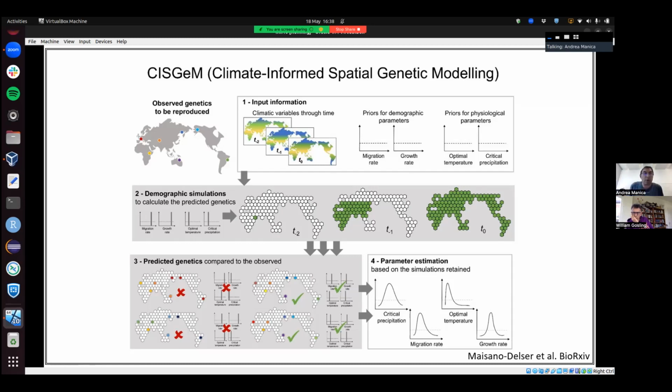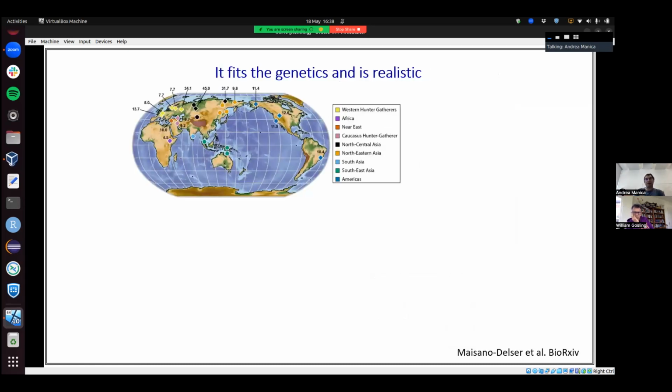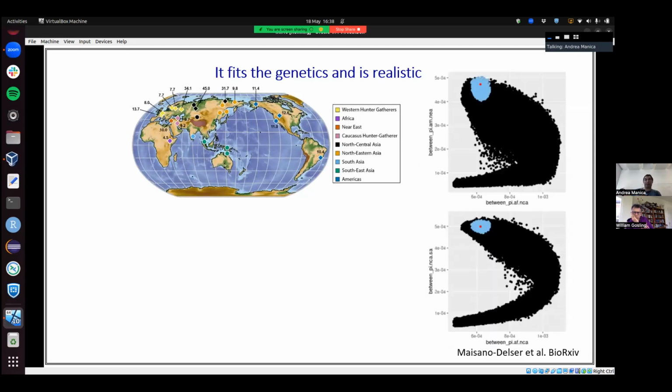So let's see what we can do if we approach this kind of question about humans with this type of model. The first thing is that these models actually do manage to fit the genetics really well. Here I have only a couple of examples of the genetic characteristics we can look at. Normally, we look at how different two genomes are.